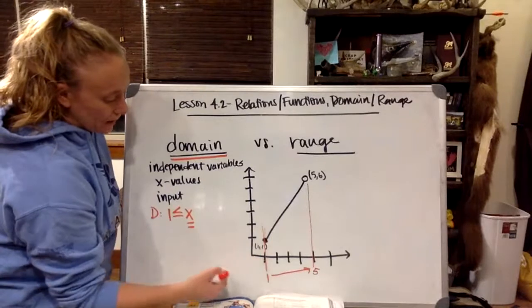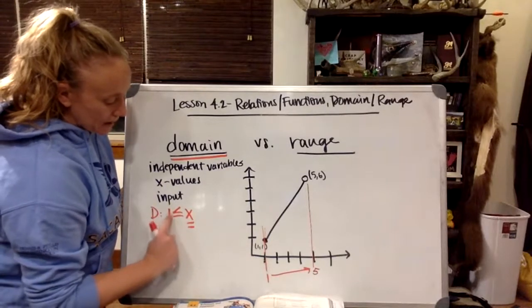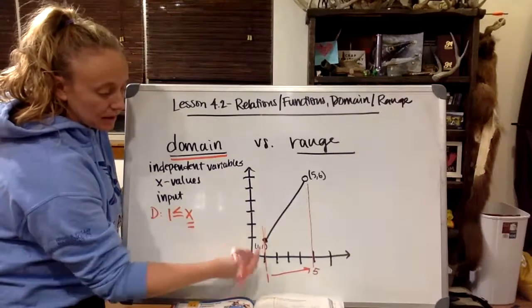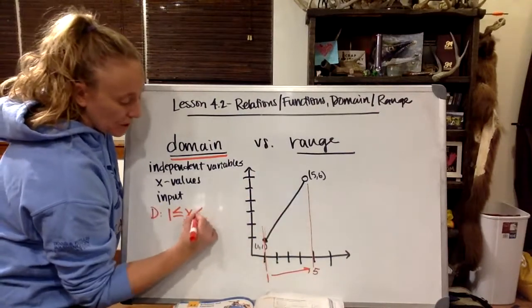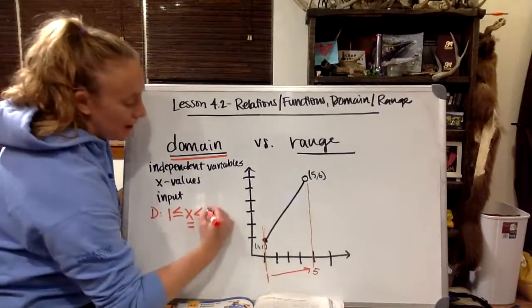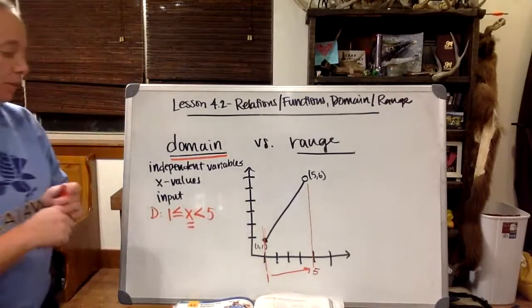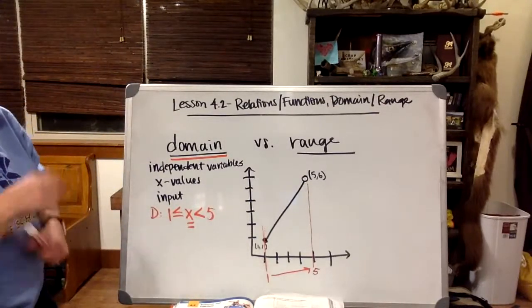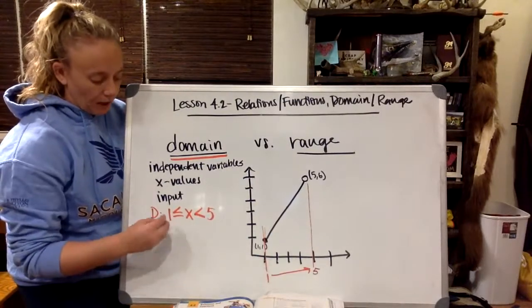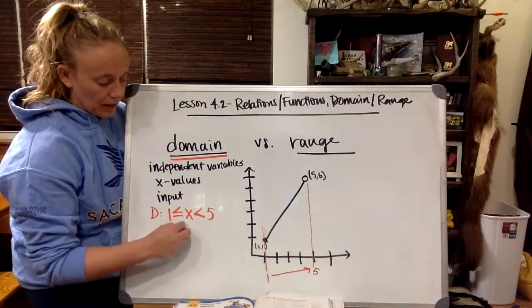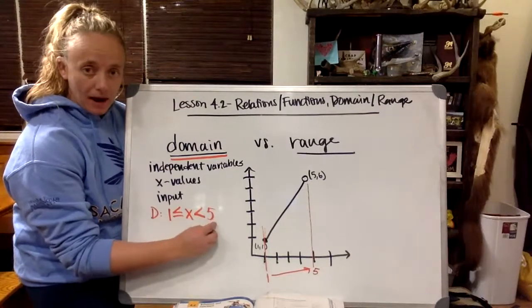So the horizontal stuff that we're looking at is 1 is less than or equal to x, and we know it's less than or equal to x because that's a closed circle. Here we have an open circle, so we're going to just have a less than sign. We're going to write 5. So my domain in that situation for this continuous function is a range of values from 1, which is less than or equal to x, which is less than 5.